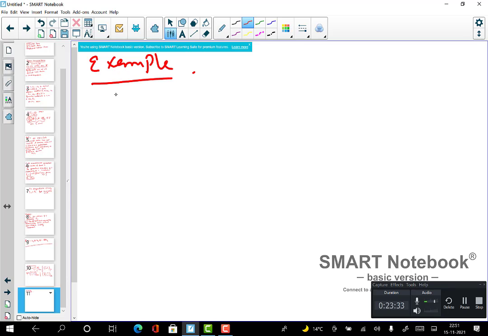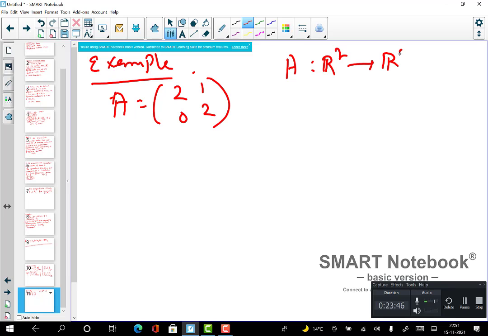Suppose I have a linear operator whose matrix is of the form 2 1, 0 2. You can think of A as a map from R2 to R2. In this case it is clear that the eigenvalues are 2, 2, so 2 is repeating, because this is upper triangular and you can easily find that out.